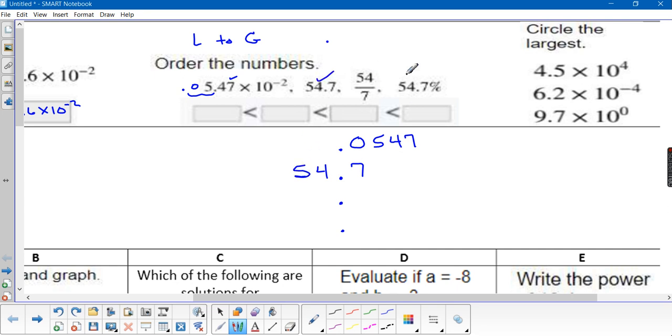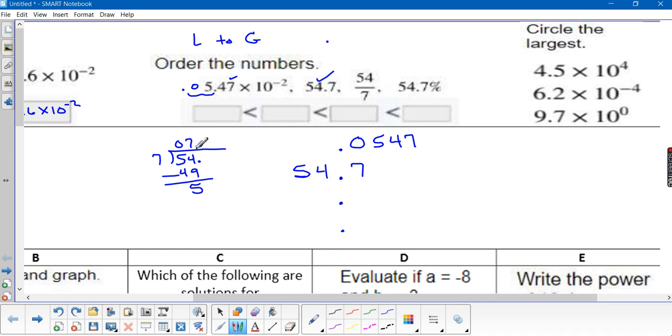And then 54/7 is improper. We know we're going to have a whole number here. This may look a little intimidating, but you don't have to take it to its breaking point. All you've got to do, remember, top dog in the house, set it up. 7 won't go into 5, goes into 54 7 times, which is 49. When I subtract, I've got 5 left over. I could say 7 and 5/7, but I'm looking to get a decimal here.